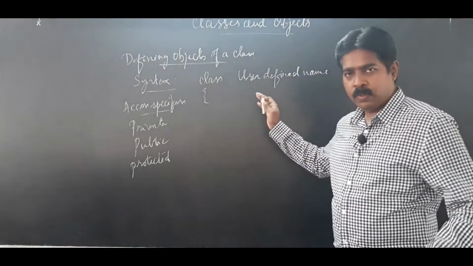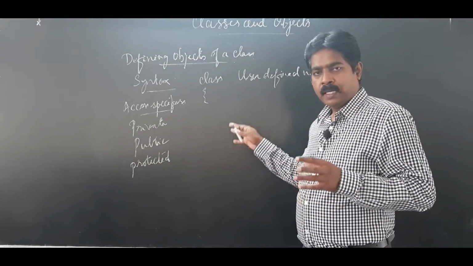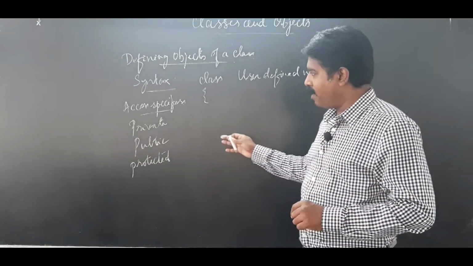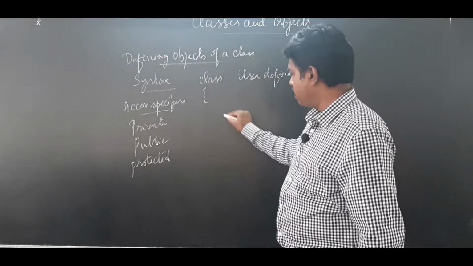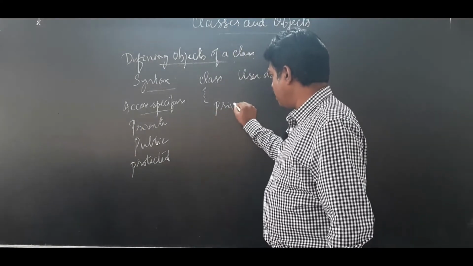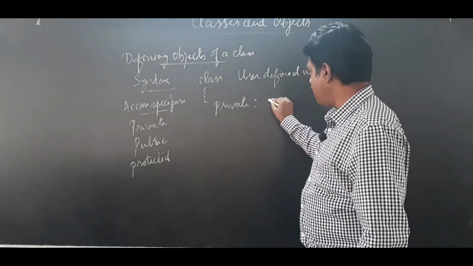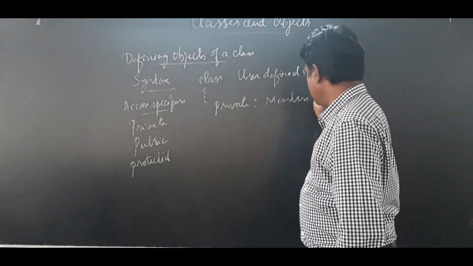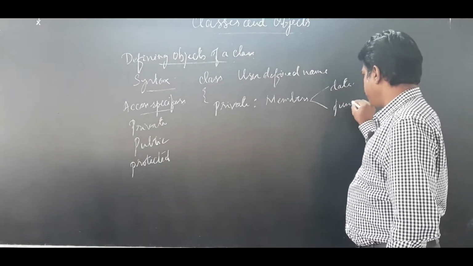When you incorporate members in the class, these members are supposed to come under one of the access specifiers, as we have written in the syntax before. So I go through the syntax here: private, and under that we have the members, data and functions.